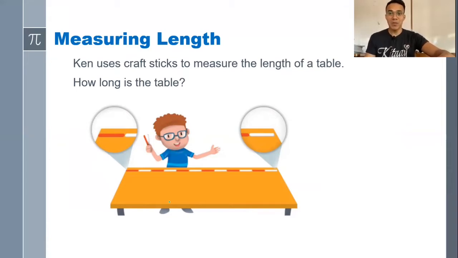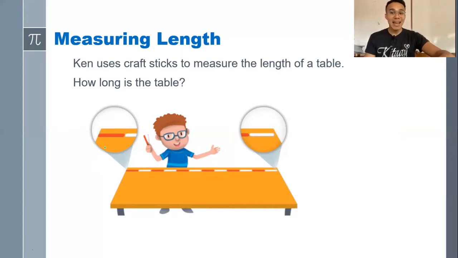Here we go. The first thing we're going to do is to check if the first stick touches the end of the table. Look at this. This is the first stick, and it touches the end of the table.